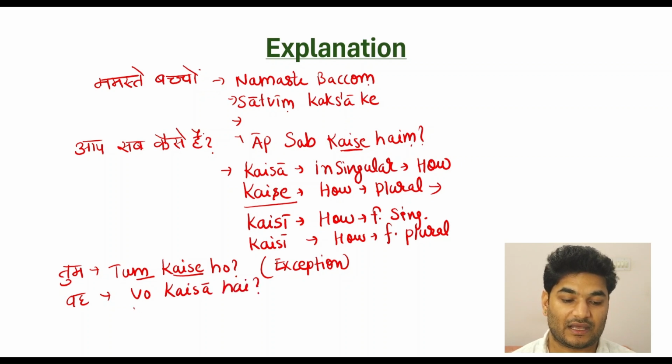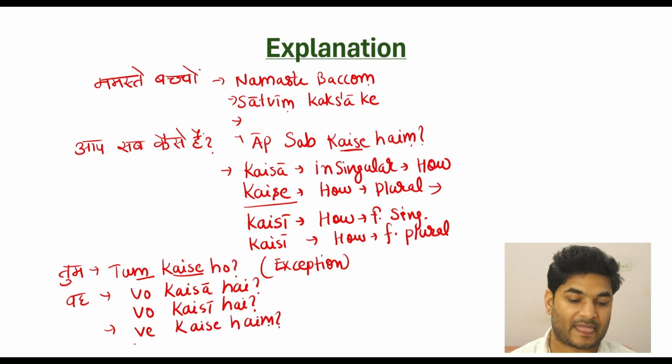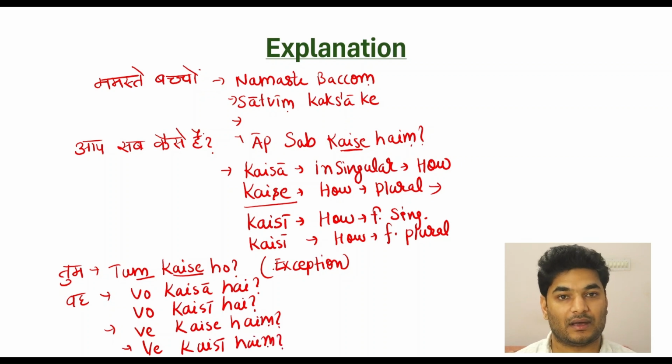How is he? वो कैसी है. How is she? How are they? वो कैसे हैं. वे कैसी हैं. How are they for feminine.